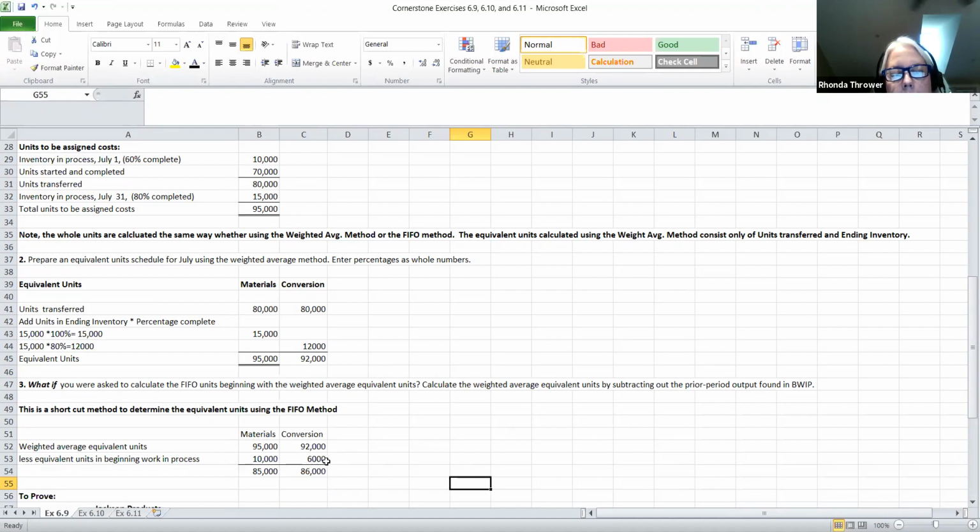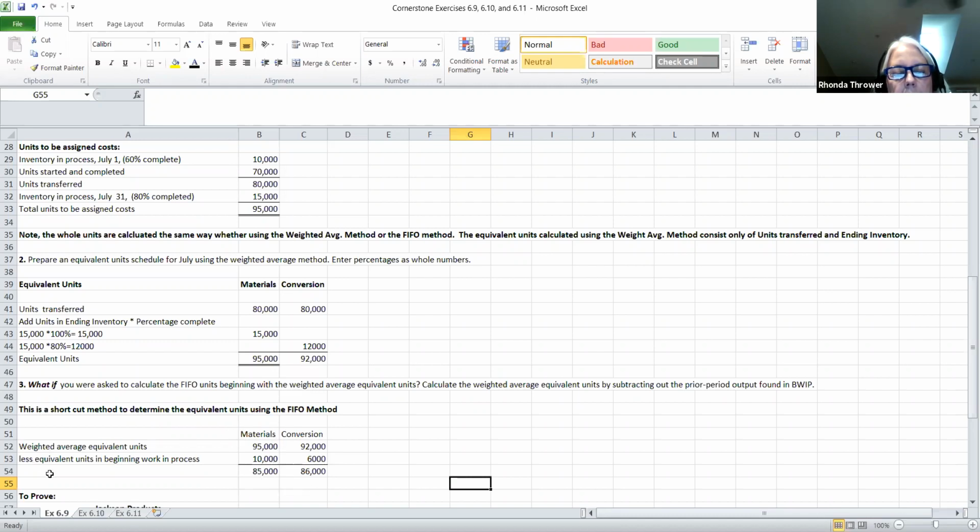And so they subtracted the ending inventory from the equivalent units that we brought down for our weighted average method. And that will leave you with the FIFO method, materials and conversion equivalent units.